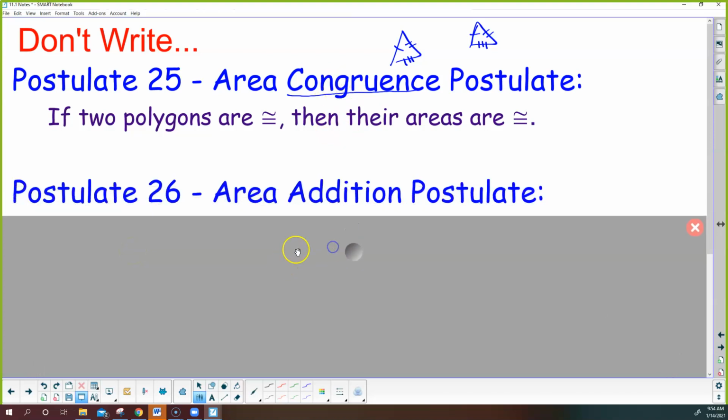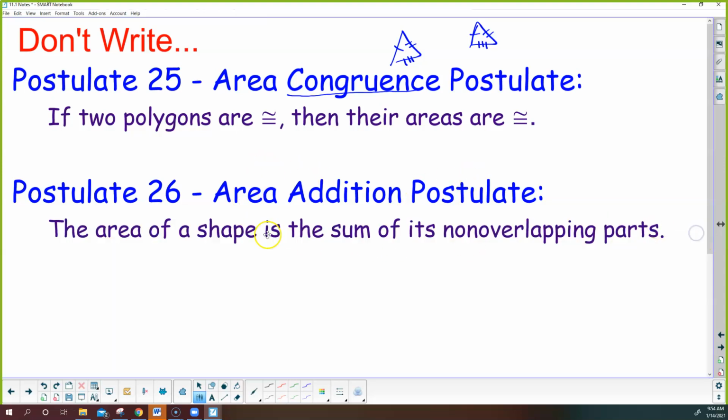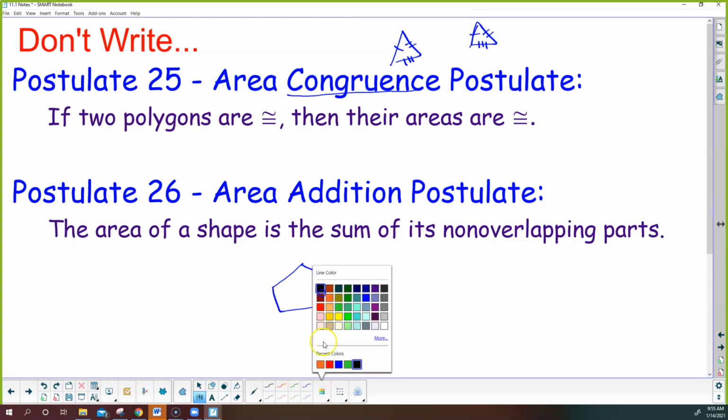The next part is called the area addition postulate. And all that means is if I have different shapes, I can add those different shapes together to get a larger area. So if I was to draw a picture that looked like this, right? Now we don't know how to find the area of a pentagon yet, but I hope you don't think of this as a pentagon.